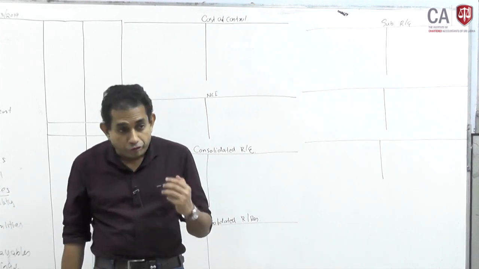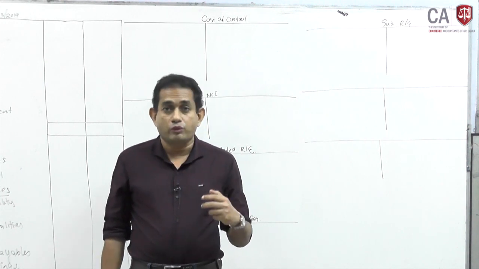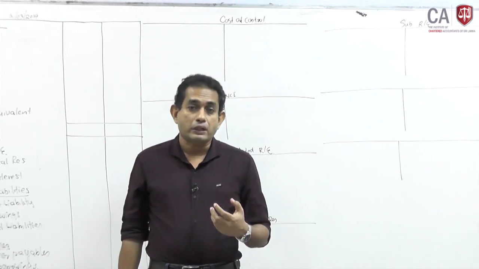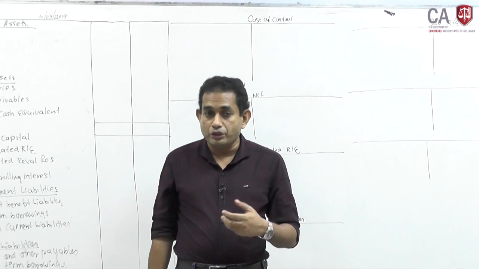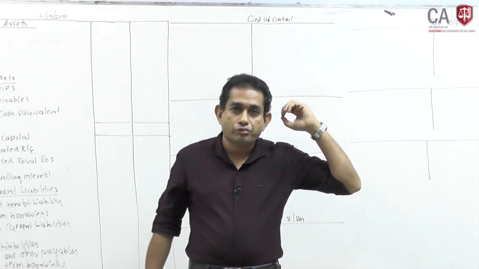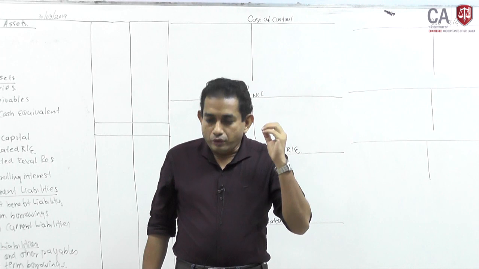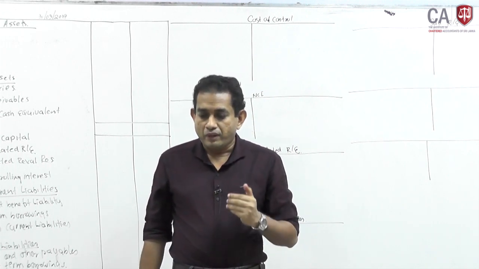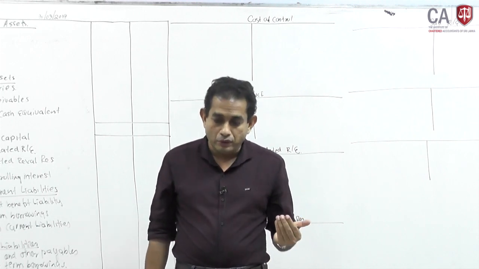Now, see how helpful the examiner has been, without letting you decide whether it was significant influence or joint control. If it is joint control, whether it is a joint operation or joint venture, the examiner himself has done a lot of work for you, and he himself says Hon has acquired joint control over company Lien, and company Lien becomes a joint venture for company Hon.